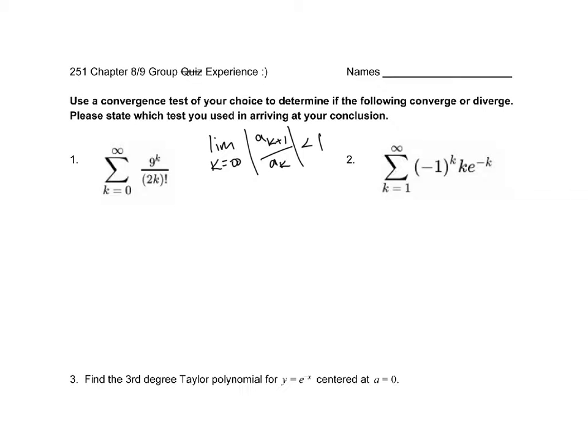So we're going to jump right in. Anytime you see a factorial, ratio test is kind of your go-to. And so if we think about this as the limit as k approaches infinity of the k plus 1th term, it's a little gnarly. It's going to be k plus 1, 9 to the k plus 1, over 2k plus 1 factorial.